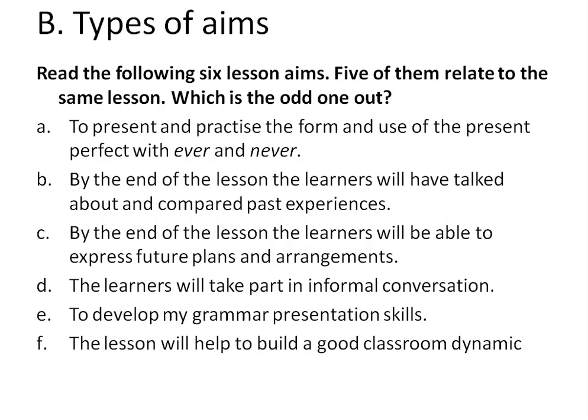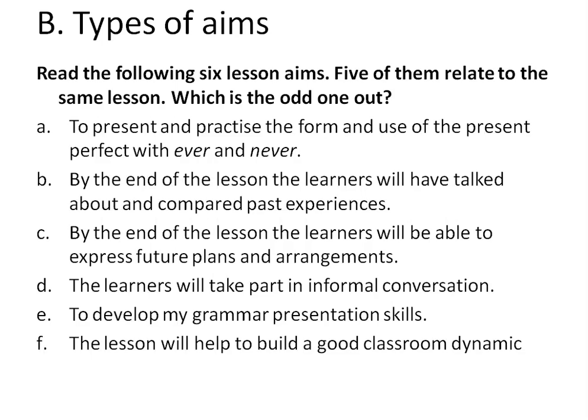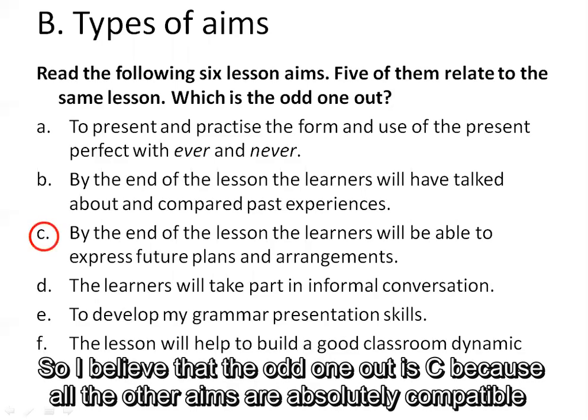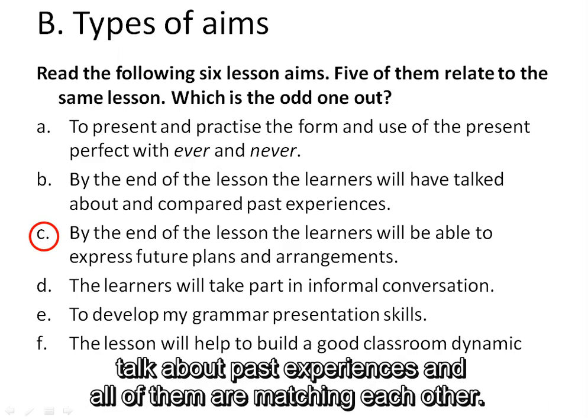Thank you. I guess you have made your choice. Now let me explain. So I believe that the odd one out is C, because all the other aims are absolutely compatible with each other around the lesson where you are supposed to teach your students how to talk about past experiences, and all of them are matching each other.